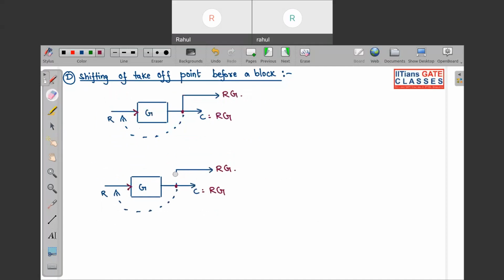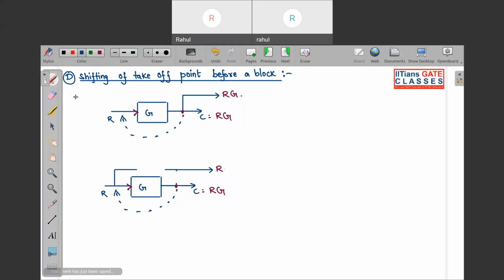So look, if I remove this from here and now take it over here, previously your input was Rg, but now you can see that it is simply R. But I told you, before manipulation and after manipulation, the output of any takeoff point should remain the same. So what should I do over here?